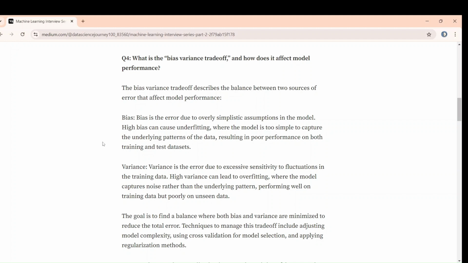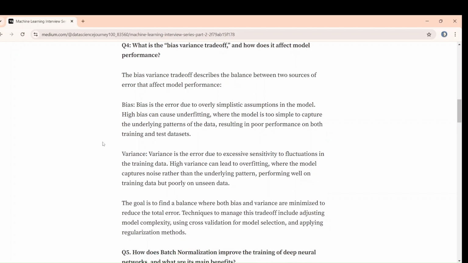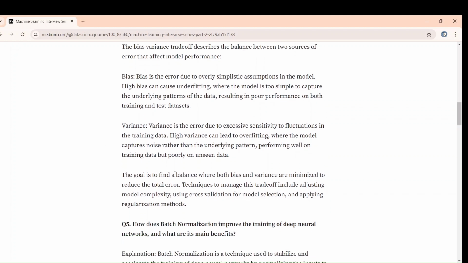If we make the model too complex, with too many layers, too many neurons, you are memorizing everything. That's also a problem. So you have to take a midway between bias and variance. That is what is known as bias variance trade-off. It will reduce the total error. It uses techniques, such as regularization methods, so that the model is not too simple and not too complex.